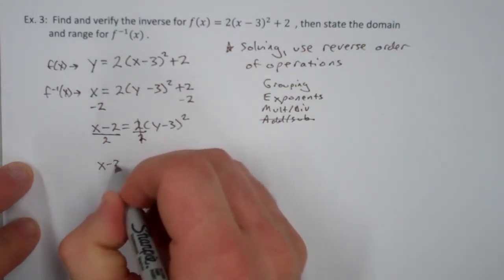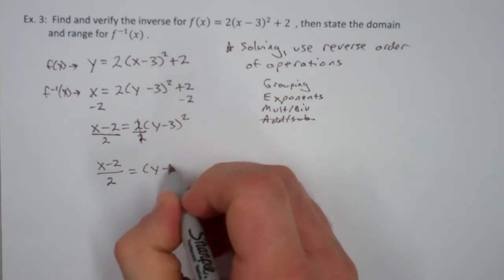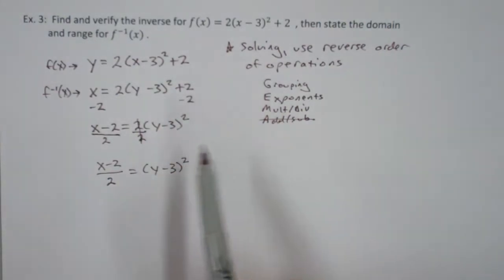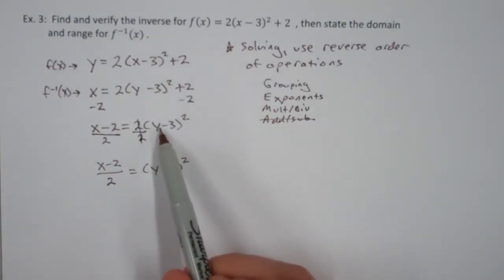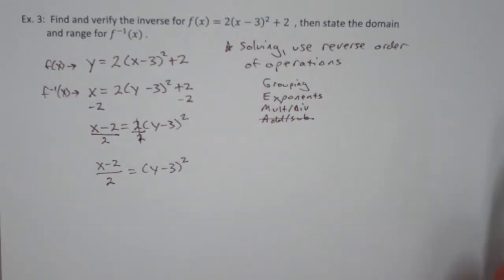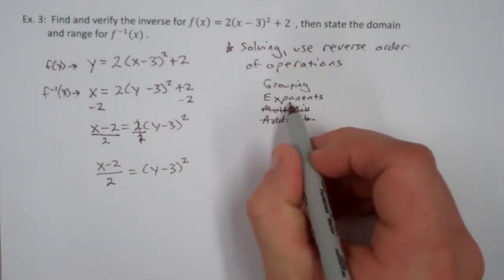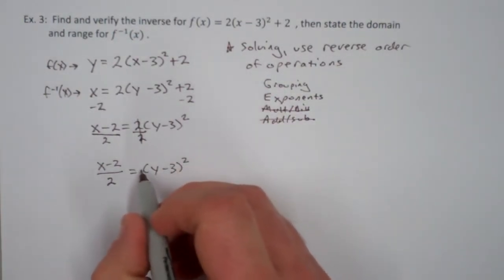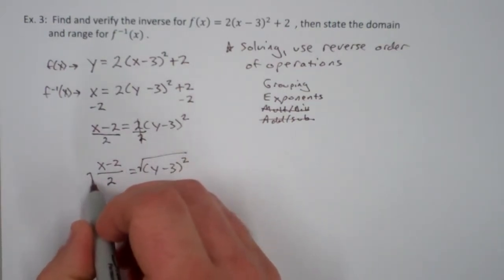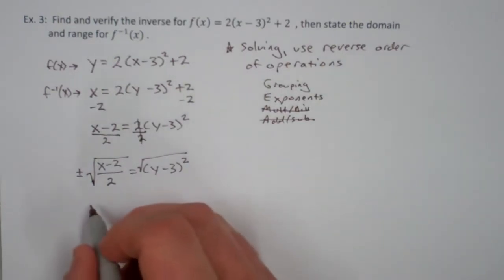Now we've got x minus 2 over 2 equals y minus 3 quantity squared. Notice how we need to solve for y here. That's our goal. And we're doing that by going reverse order of operations, just unpacking this whole thing. Exponents are next, so to cancel this exponent out, we're going to do the square root here. Remember to do the plus or minus sign if you're the one doing the square root.